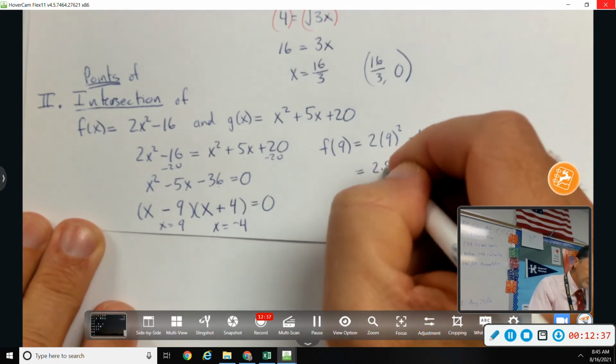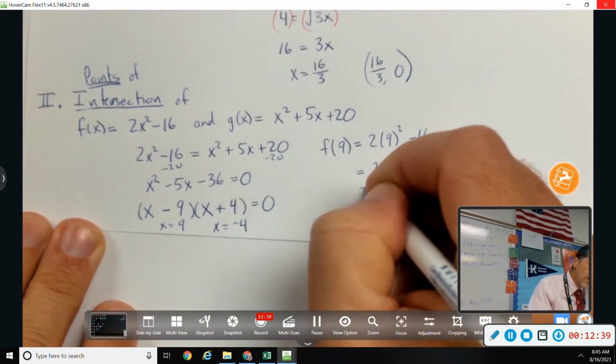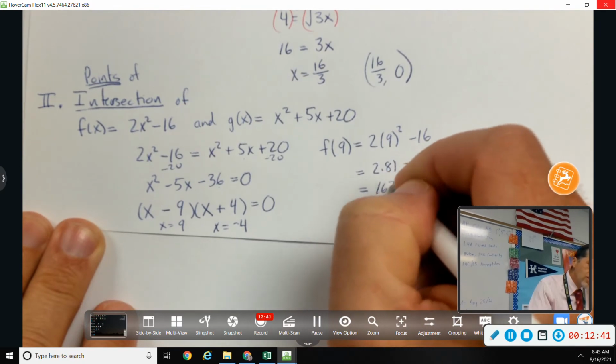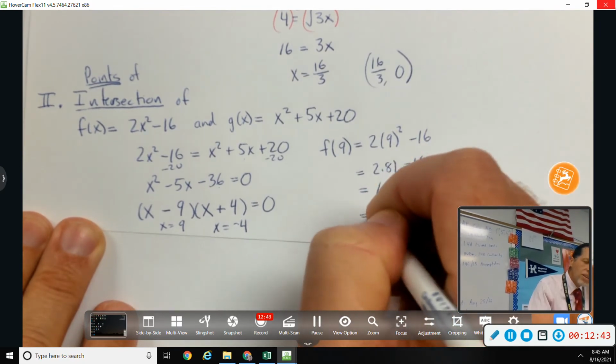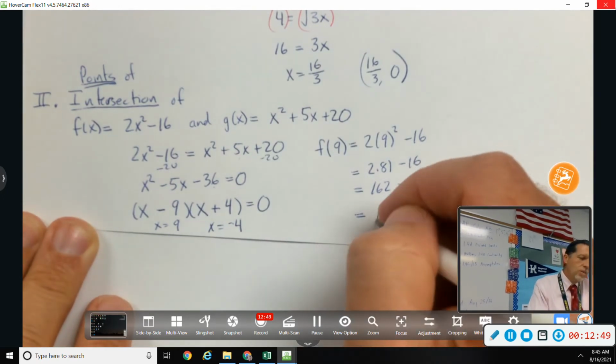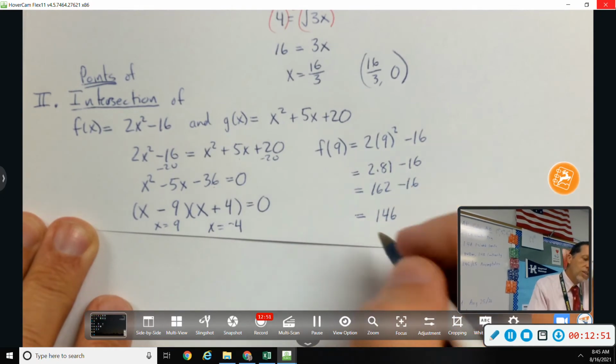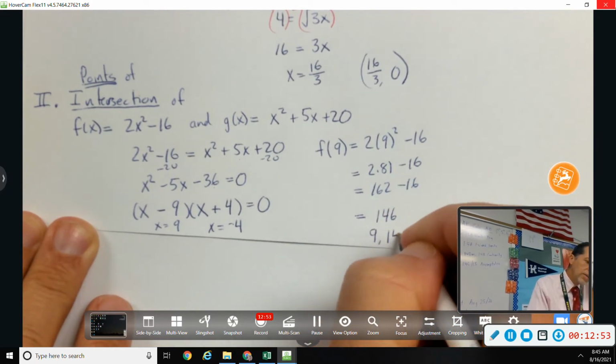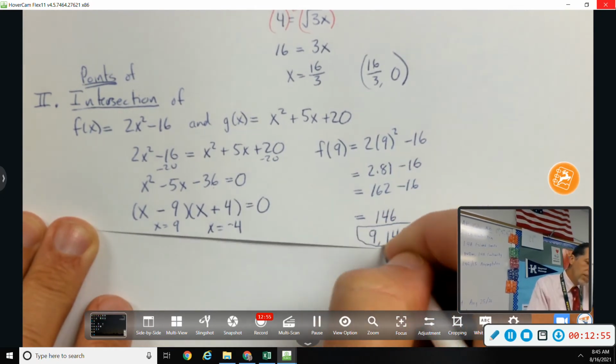So 2 times 81, 162, minus 16. This is why you could have a calculator. 146. So the point then is 9, 146.